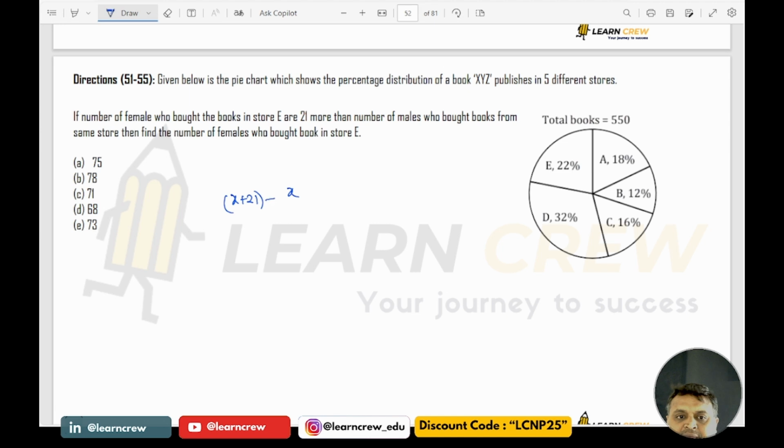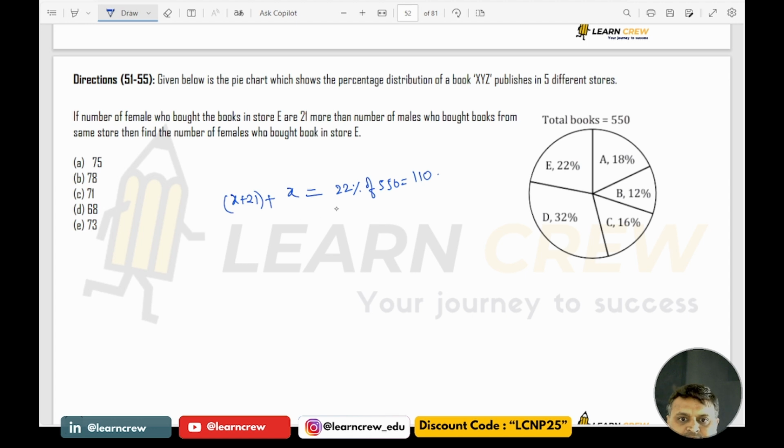This is males and females together is how much? 22% of 550. Which is how much? 22% of 550 would be 110. So 2x plus 21.